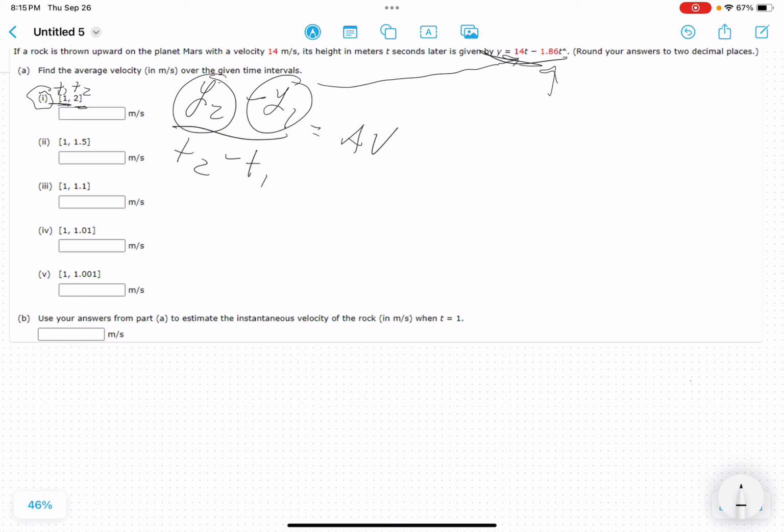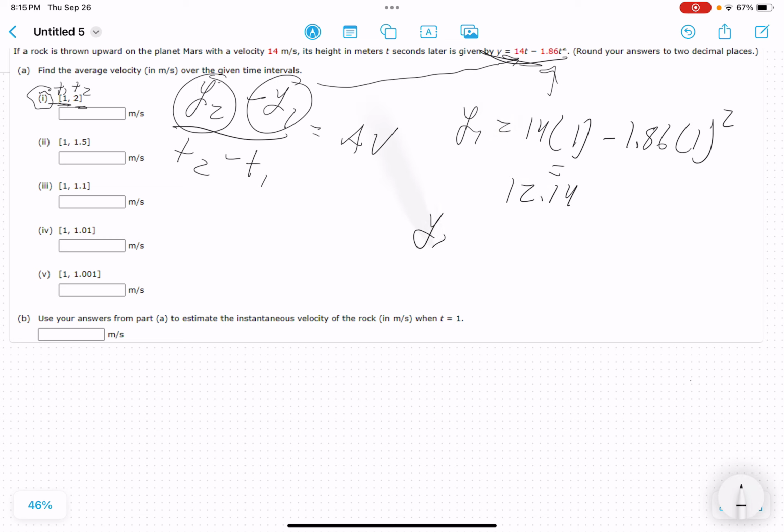So first we'll start with y1, that is equal to 14 times 1 minus 1.86 times 1 squared. And this should yield you 12.14 for y1.